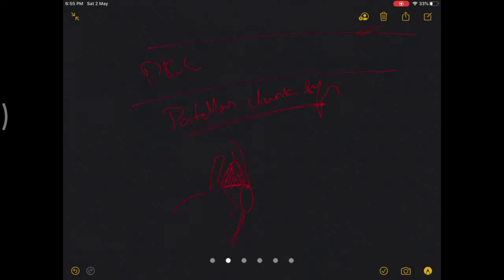Once you replace with the posterior stabilized, you have a bigger box with a bigger notch here. So there is a third condylar notch. This is how it looks with the cam behind. You have a notch here, which is bigger to accommodate the cam post mechanism.